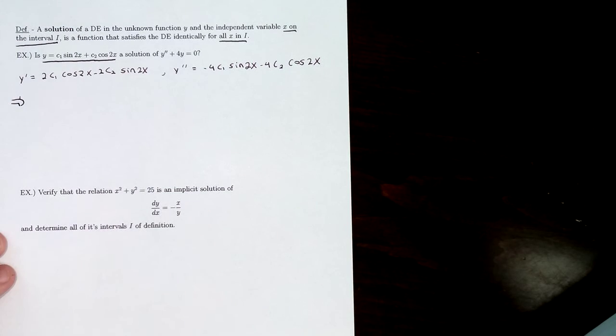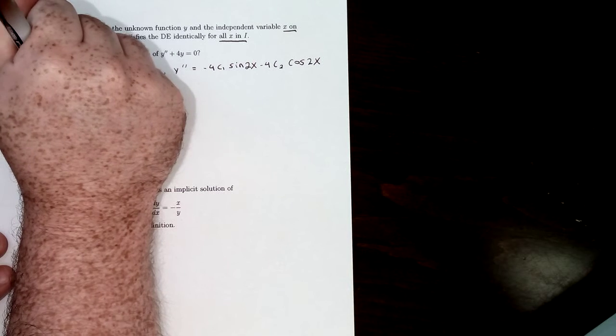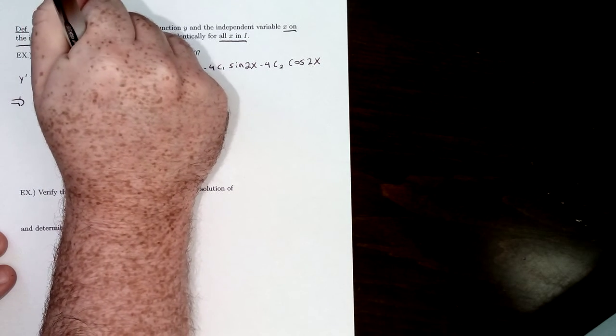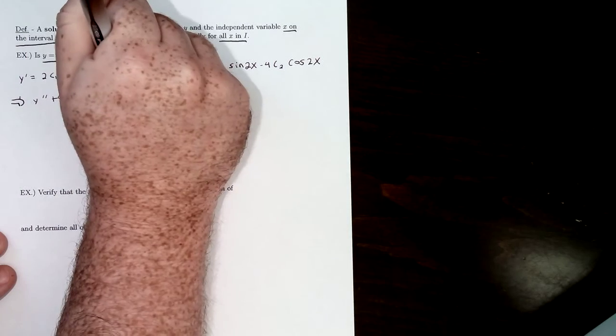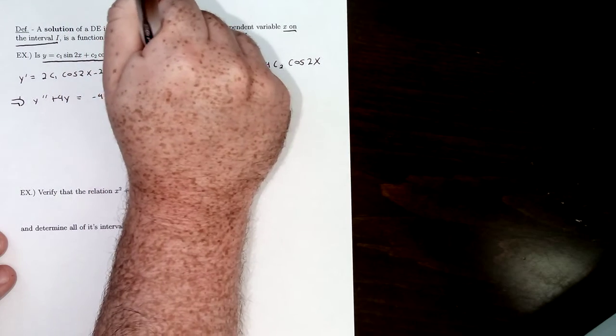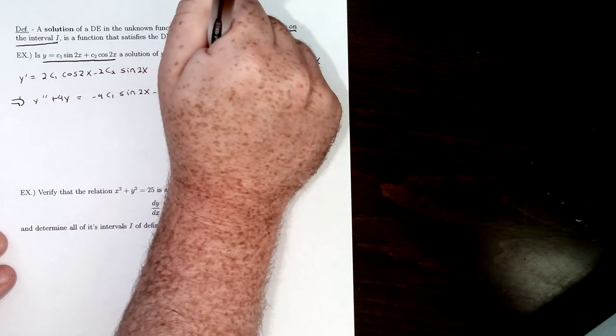So this implies that y double prime plus 4y, and let's just plug it in directly. So we have negative 4c1 times the sine of 2x minus 4c2 times the cosine of 2x.